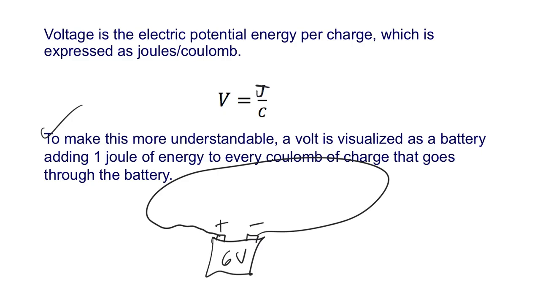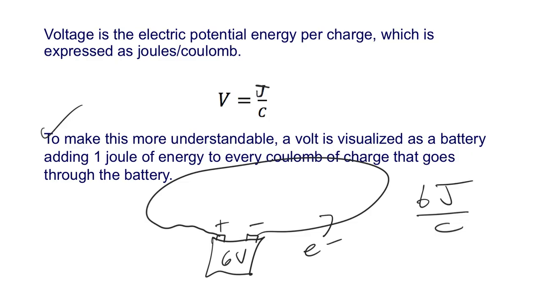battery, a wire. Electrons will be pushed through the wire by the battery. The battery will do work to push the electrons through. So a 6-volt battery will do 6 joules of work per coulomb of electrons being pushed through.